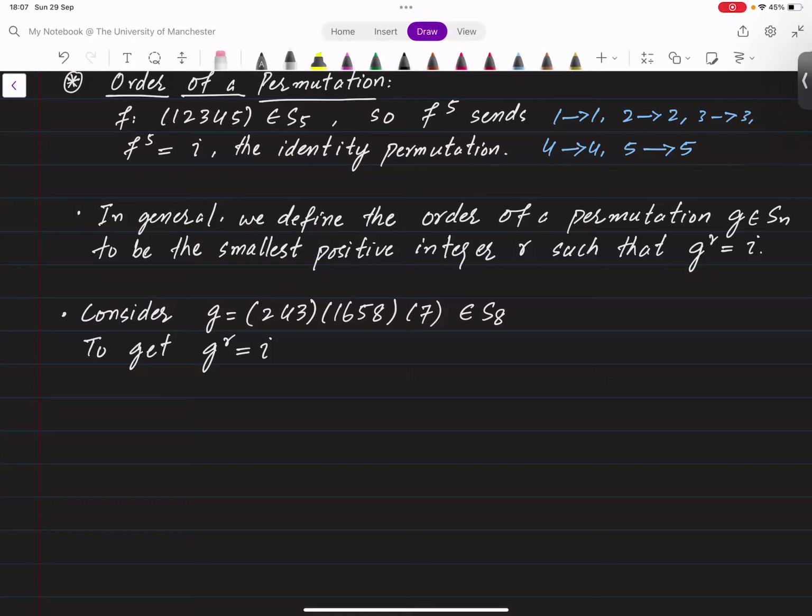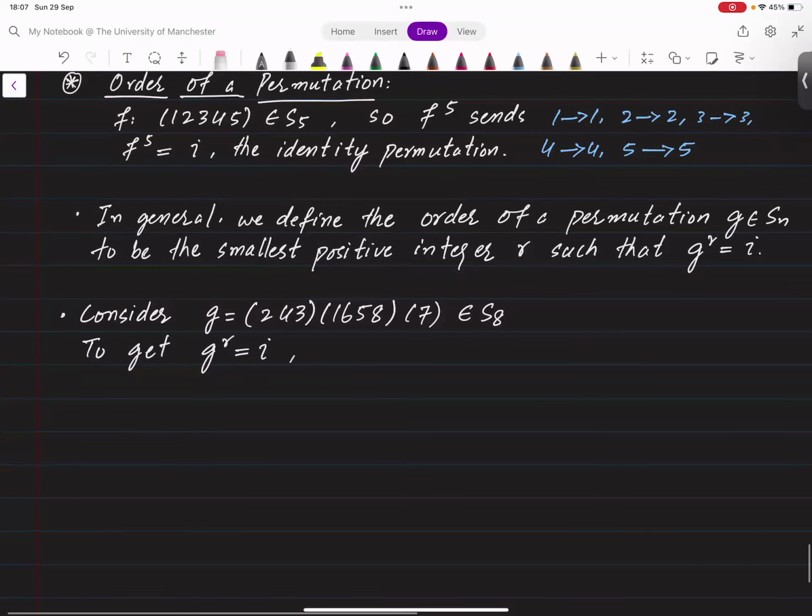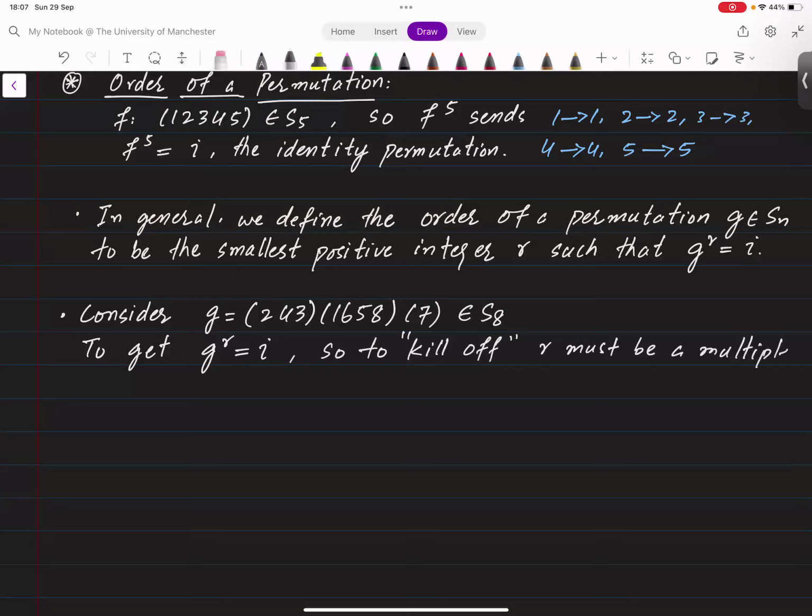So R must be at least 12. So you can write that to kill off both, R must be a multiple of 3 and 4. So R is 12.